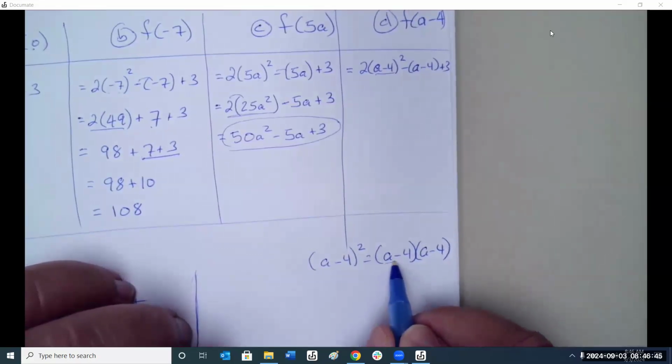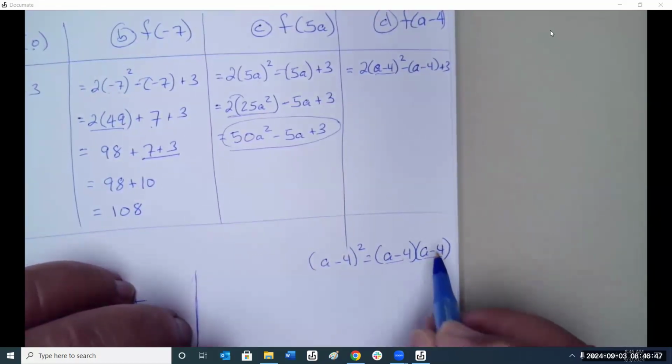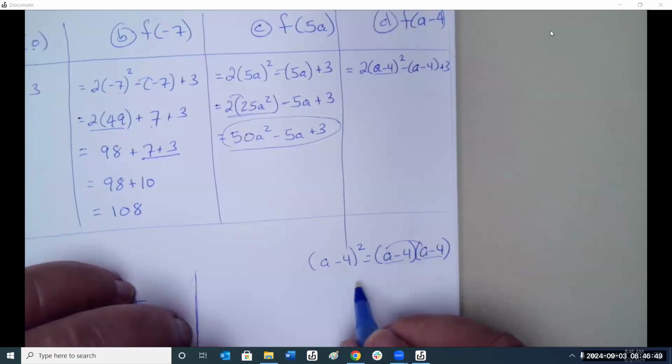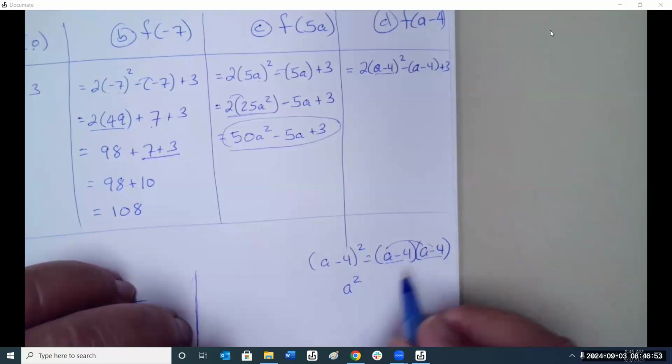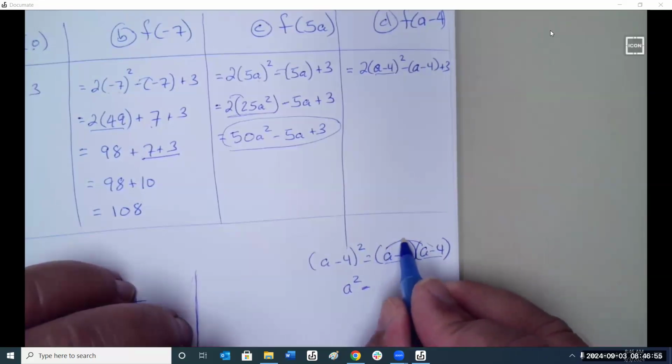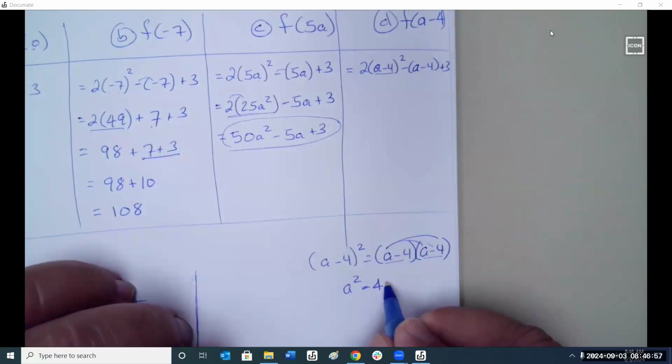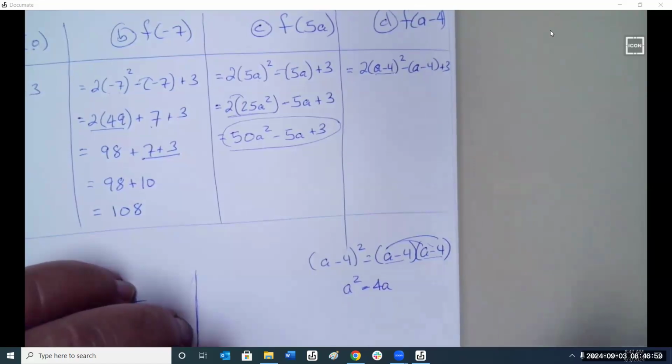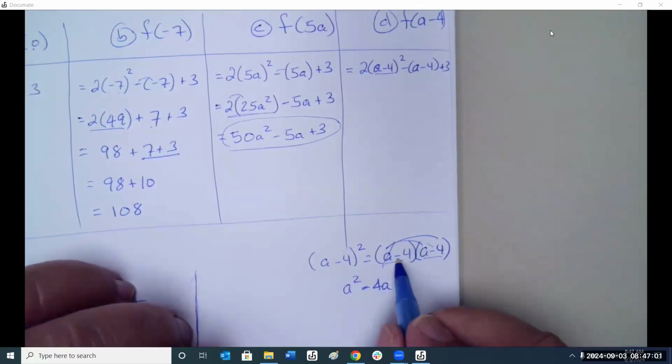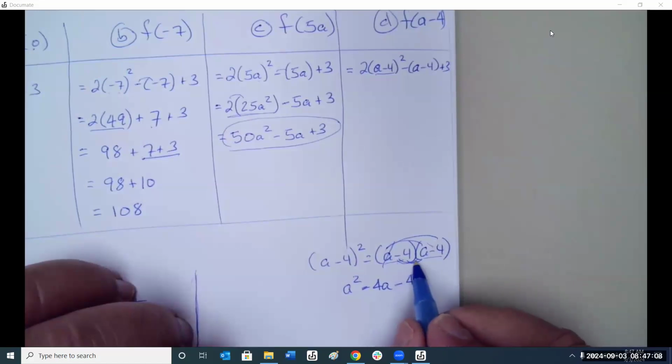So everything in this first parenthesis has to multiply to everything in second. So a times a is a squared. Positive times negative is negative. A times 4 is 4a. So that's for that one. So negative times positive is negative. 4 times a is 4a. Negative times negative is positive. 4 times 4 is 16.